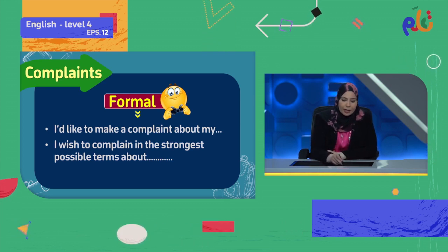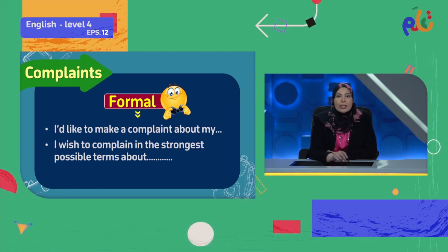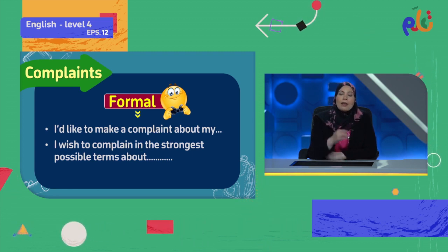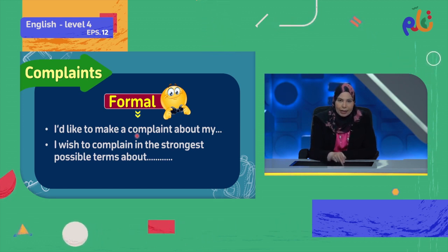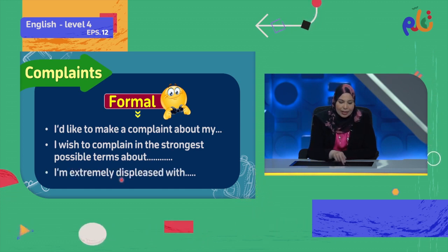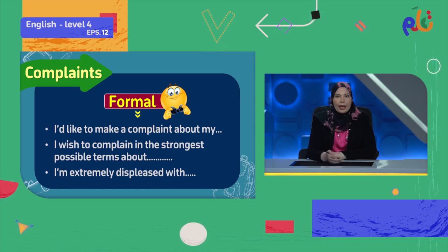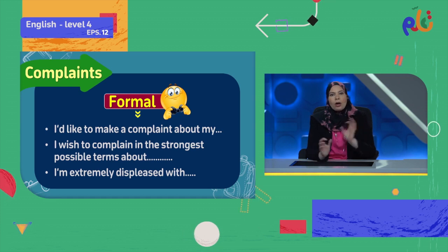But make sure that the first one is usually spoken and the second one is usually written. So if I am complaining verbally, the first one. If I am complaining in writing, we're using the second one. Or I'm extremely displeased with, displeased means not happy, and this can be used both verbally or written.